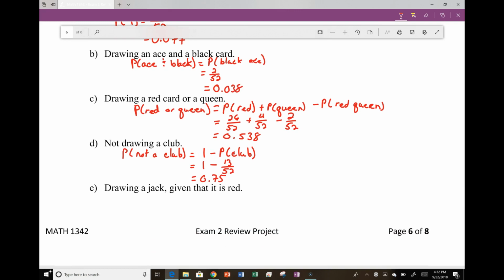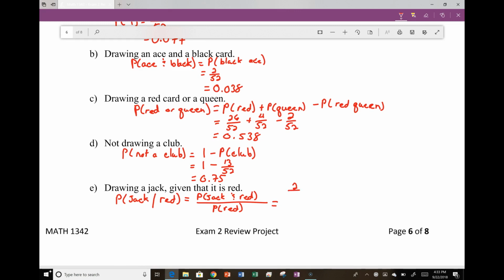The probability of drawing a jack, given that it is red. So we have the probability of a jack, given that it is a red card. Recall that whenever we're talking about given, this means the probability of a jack and red, in other words a red jack, divided by the probability of that given part, which is red. How many red jacks are there?